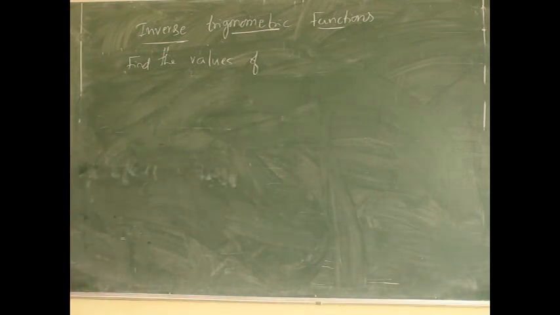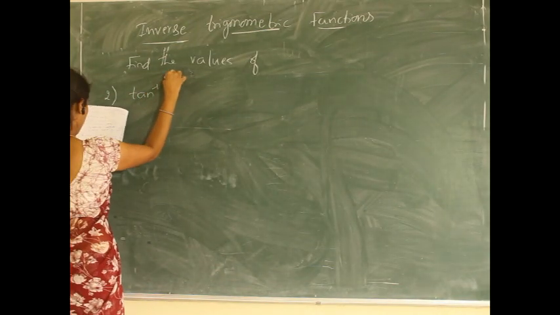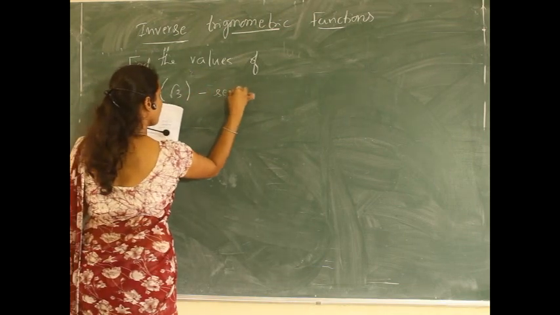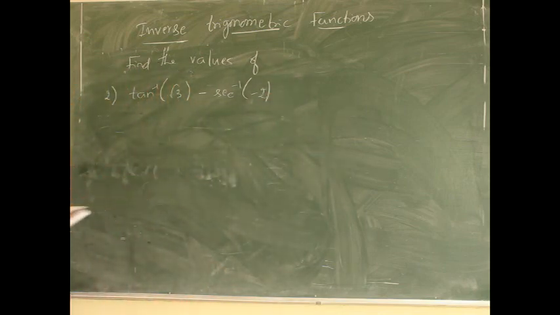Next one. Now find the value of tan inverse of root 3 minus secant inverse of minus 2.